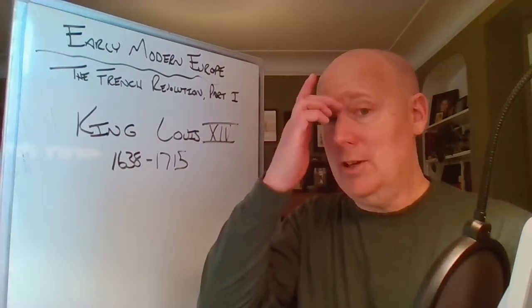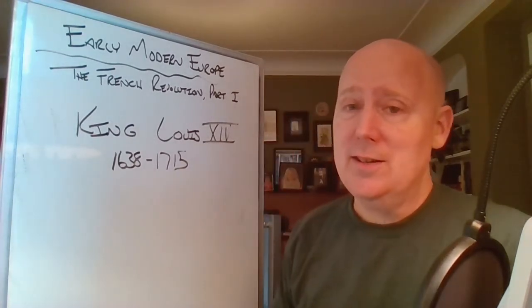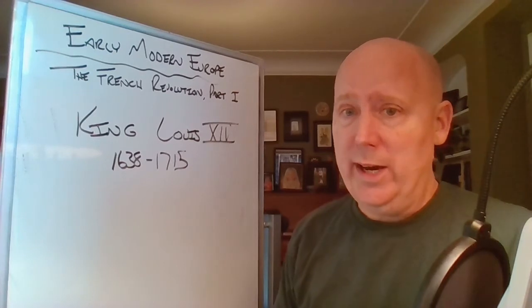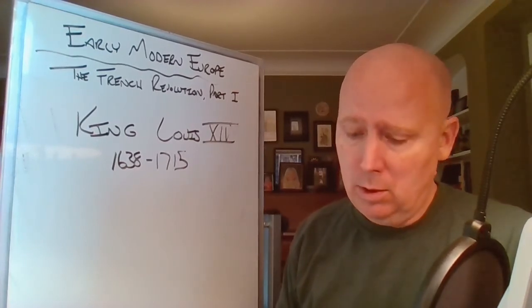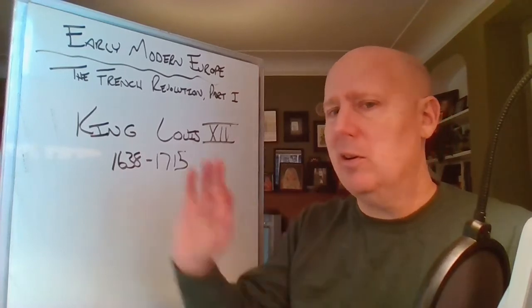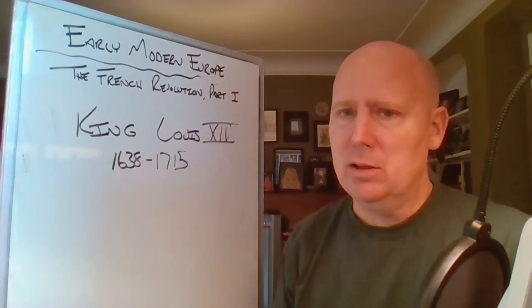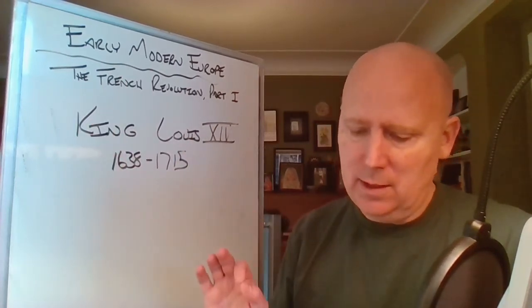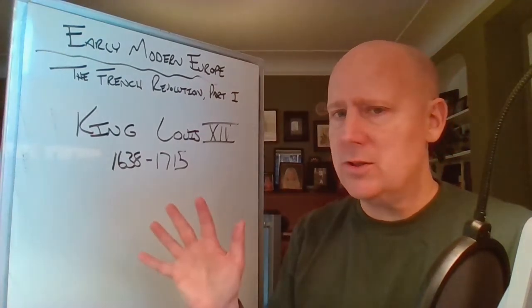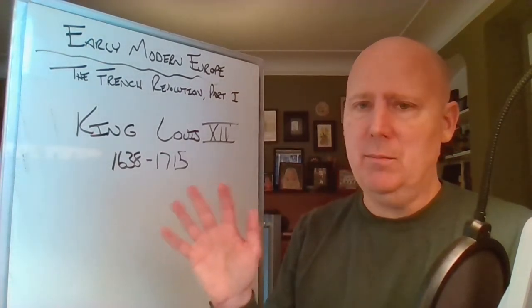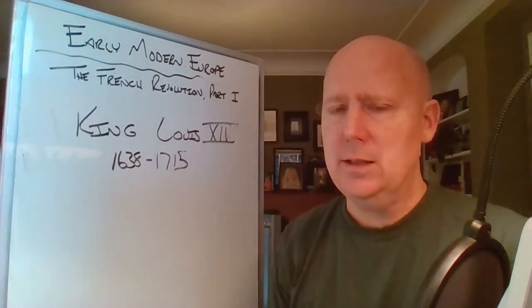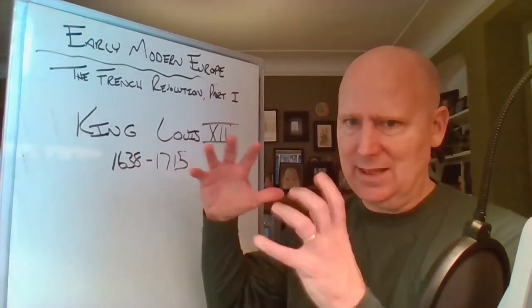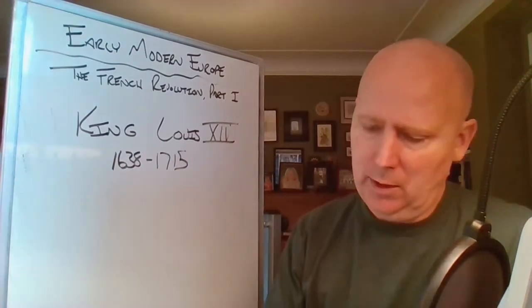There were some very serious attempts when he was young. When he was 9 years old, the Parlement, which is not a parliament as we're thinking about in England. Parlement in France, these are provincial law courts, and there are 13 of them at the time of the French Revolution in the 18th century. So think of them as legal districts, right?